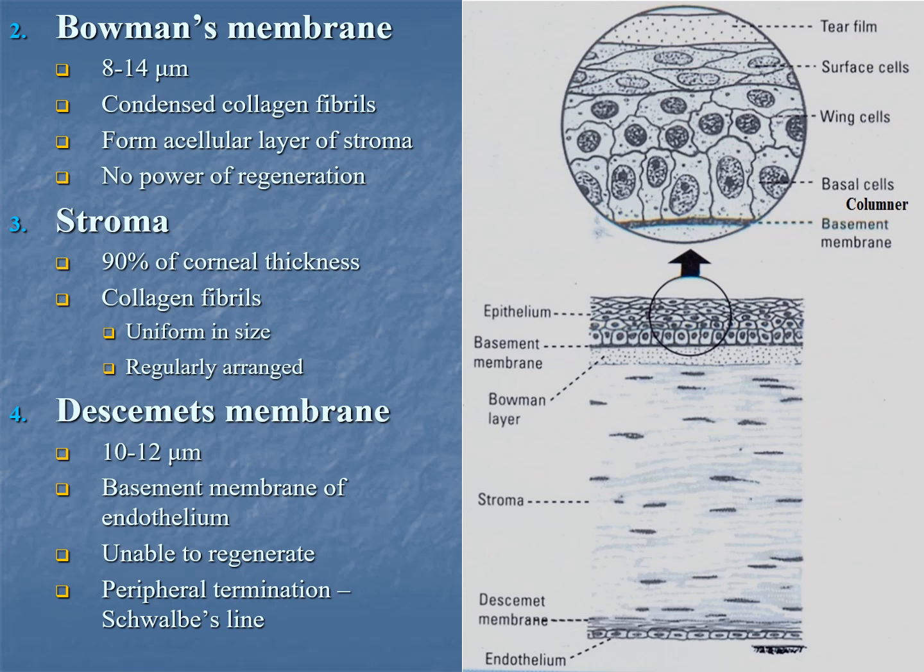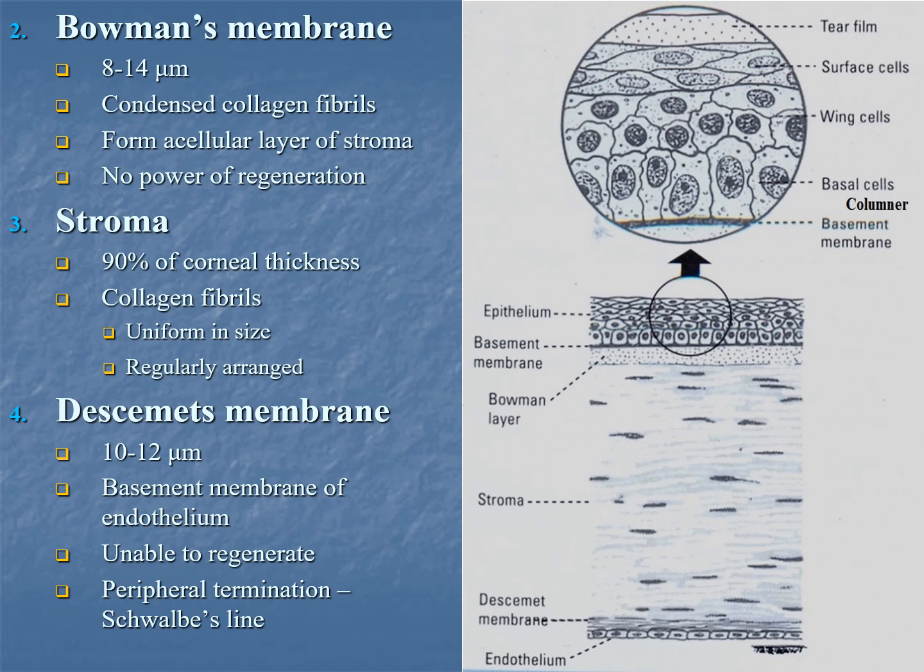The basal layer consists of columnar epithelial cells which are about 15 micrometer in length, and they are attached to the basement membrane with hemidesmosomes and to each other with desmosomes.